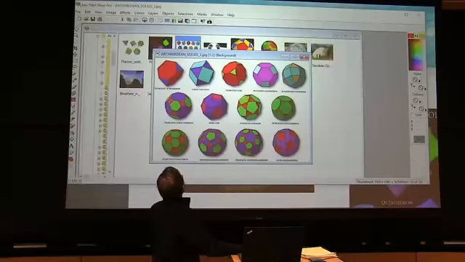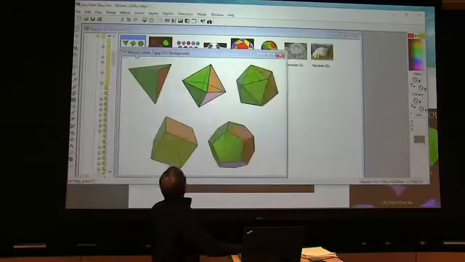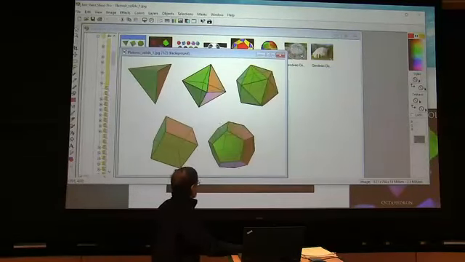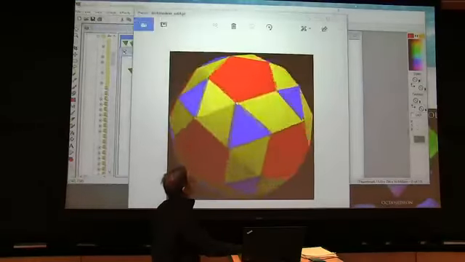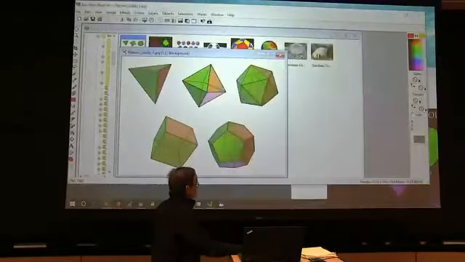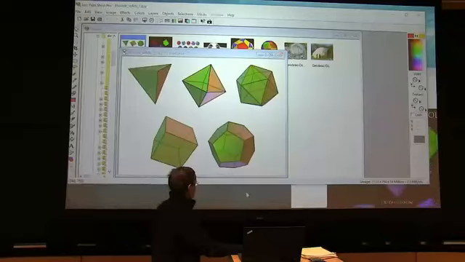Also, this is relevant to when we're talking about rotations. We're interested in the rotation groups of these objects.